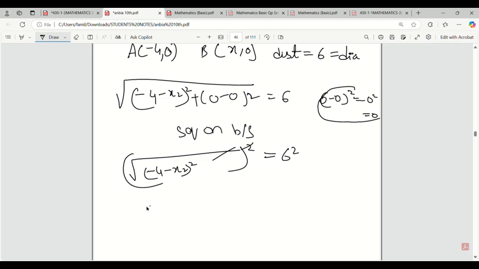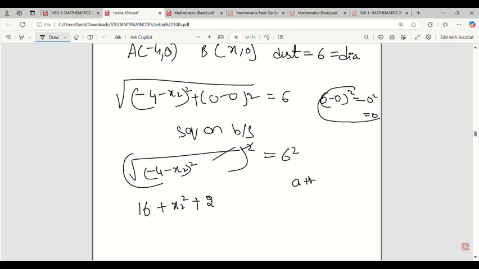So minus 4 minus x whole square, if we expand, minus 4 square will be 16, plus minus x2 whole square will be x2 square. Now check it out, plus 2... Remember one thing: if the signs are the same then take plus, if the signs are different take minus.